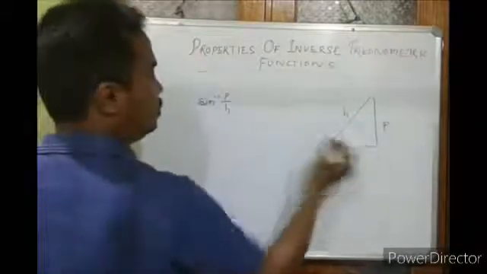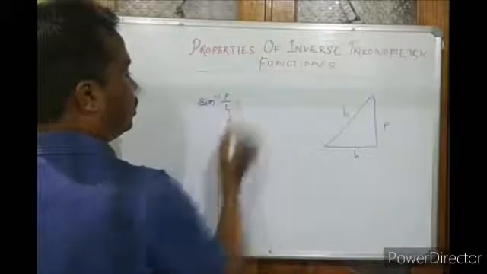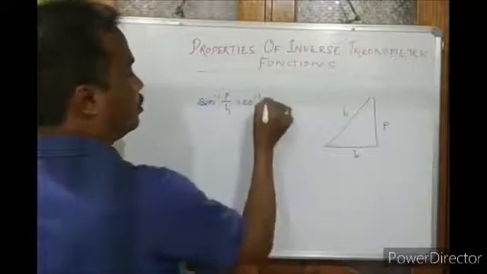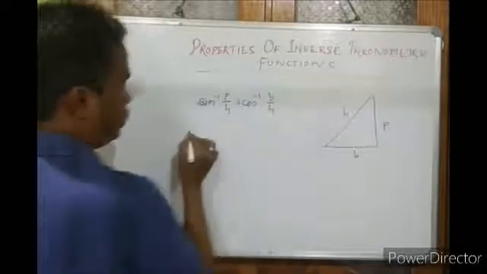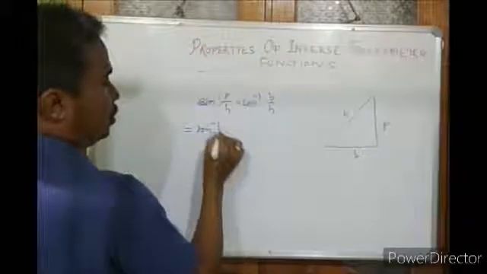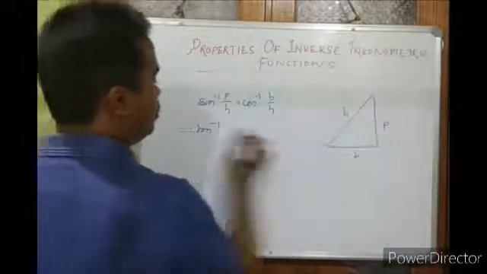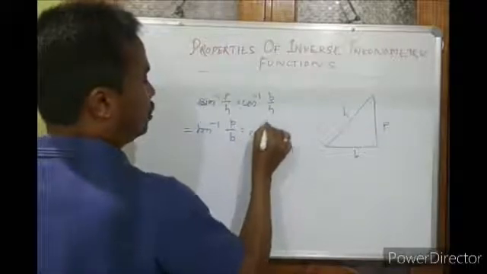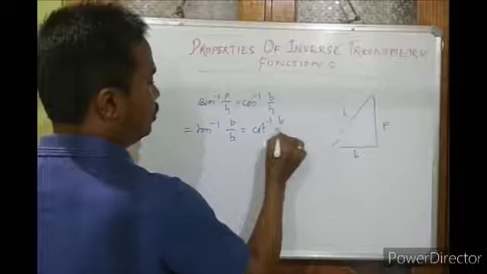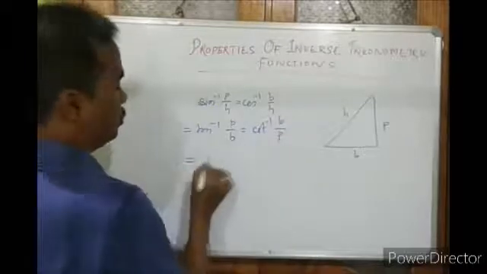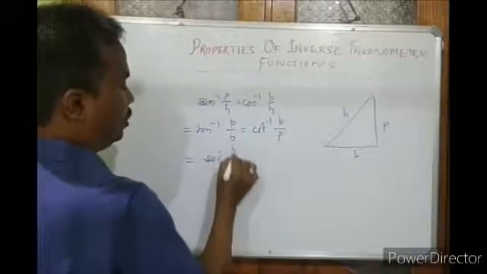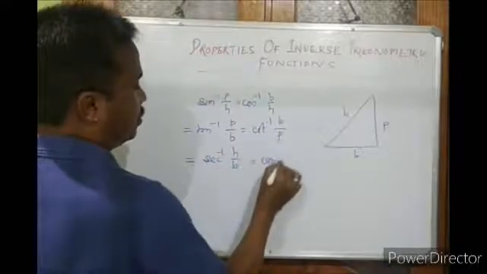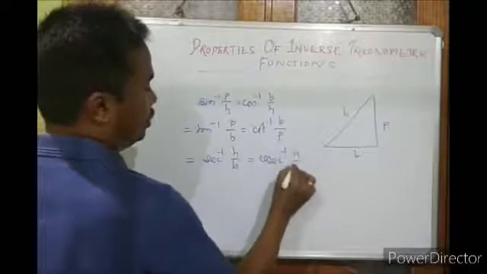Now sine inverse of p by h can be written as cos inverse of b by h, which is equal to tan inverse of p by b, which is equal to cot inverse of b by p, which is equal to sec inverse of h by b, which is equal to cosec inverse of h by p.